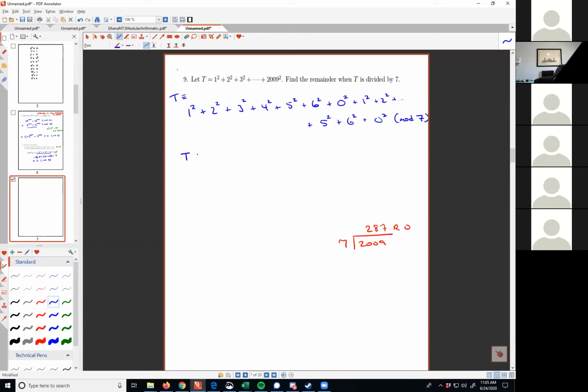So the sum is congruent to 1 squared is 1, 2 squared is 4, 3 squared is 2, 4 squared is 2, 5 squared is 4, 6 squared is 1, 7 squared is 0, and then we repeat over and over again. How many times do we repeat?